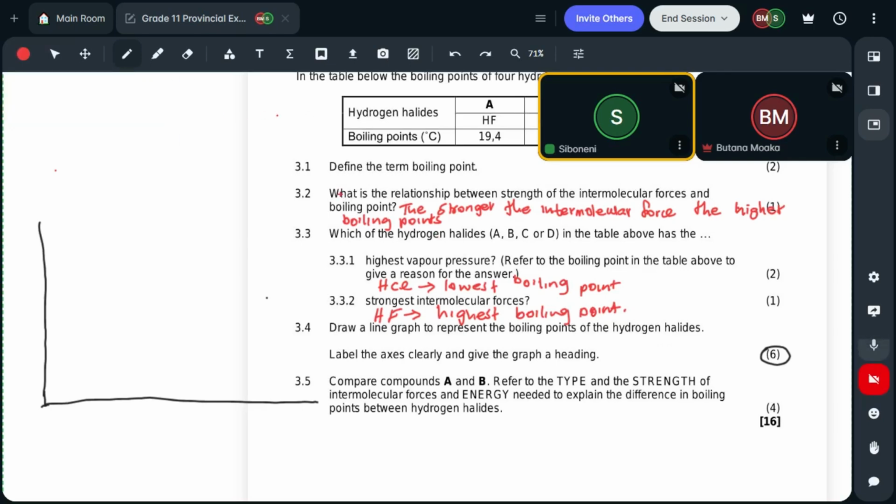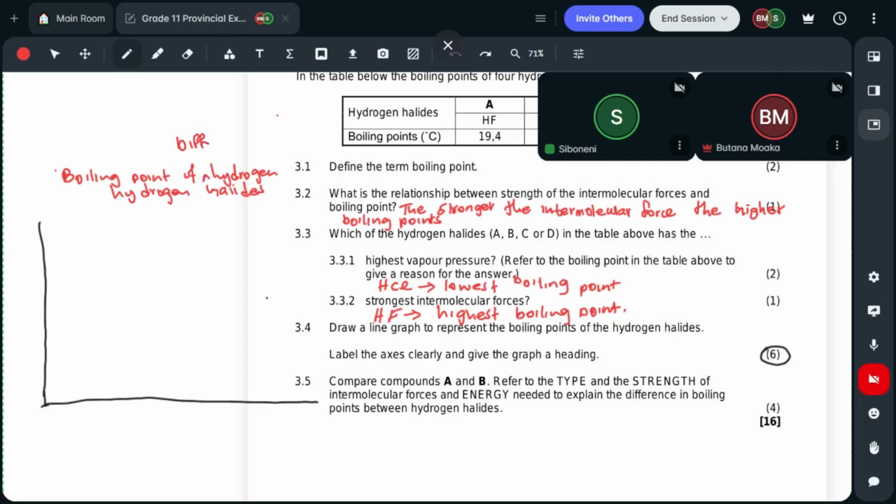So this will be on top, you're gonna say boiling point of different types of hydrogen halides.